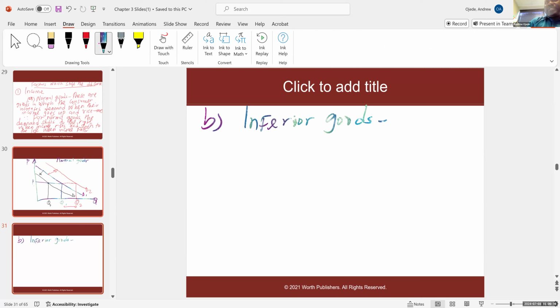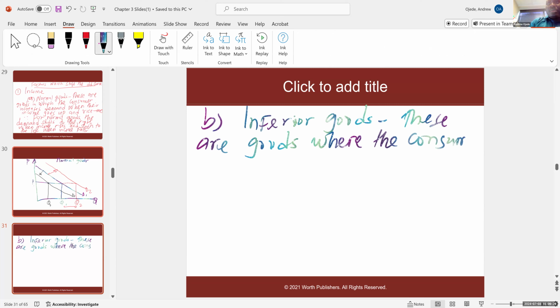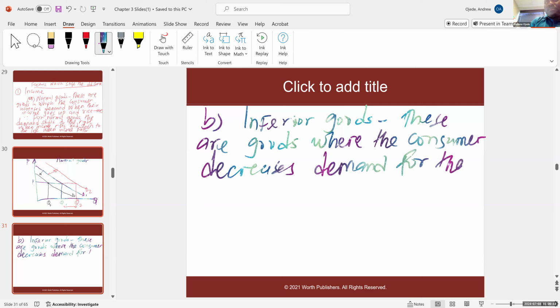So inferior goods, these are goods where the consumer decreases demand for them when their income goes up.